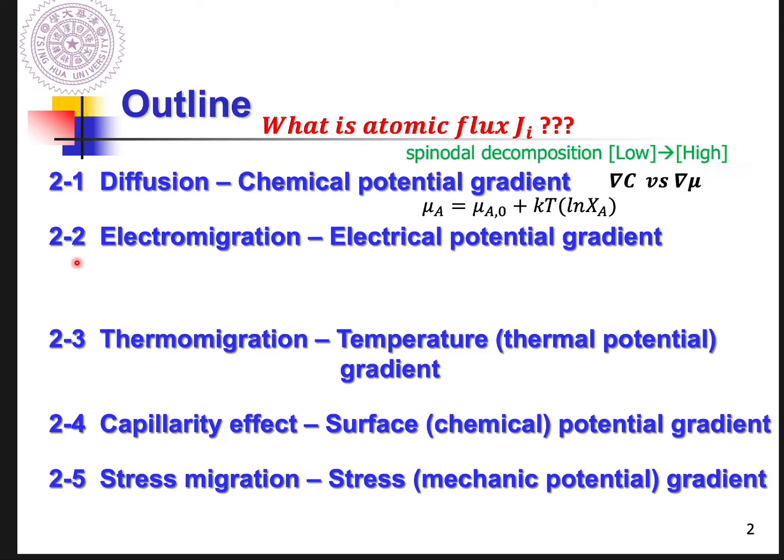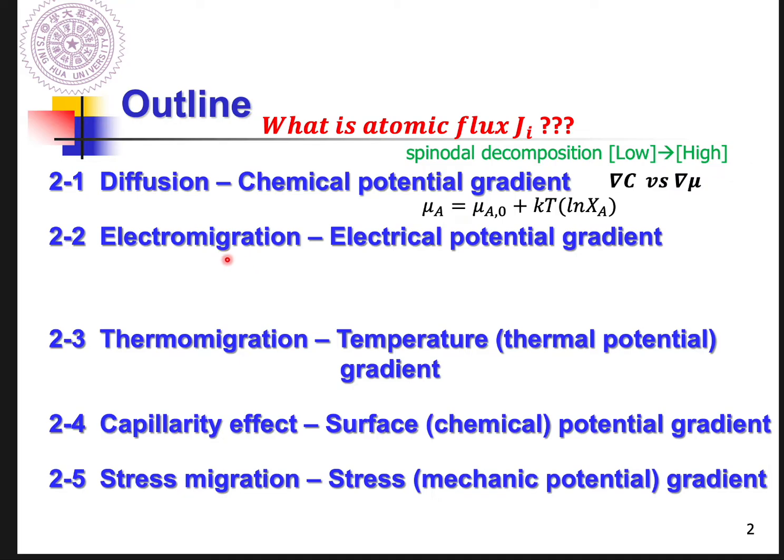And in the second section, we are going to talk about electron migration. Based on this name, you know that electron migration is an electron flow causing atomic migration.